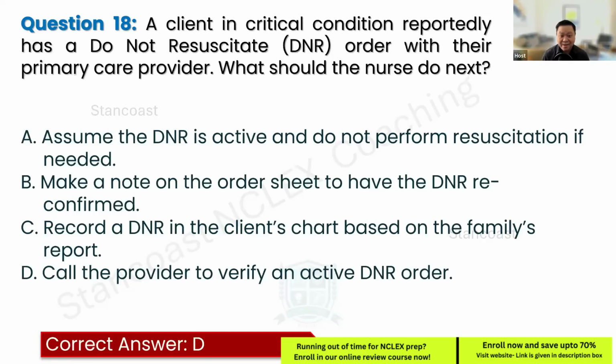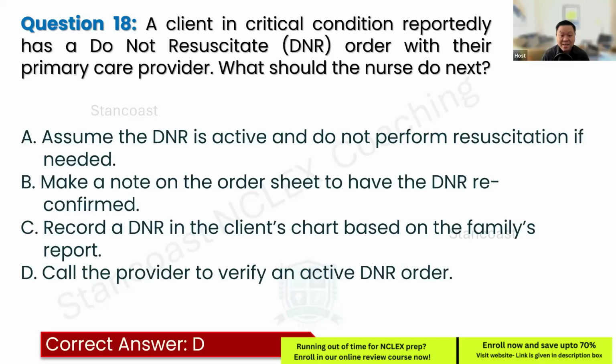Contacting the healthcare provider can ensure verification of the DNR status, and it will safeguard that the client's end-of-life preferences are also respected. Now, if you selected letter A, this is incorrect because without a documented DNR order, the nurse must initiate resuscitation to adhere to a standard protocol. If you selected letter B, this is also incorrect. Writing a reminder note could delay confirming the DNR order.